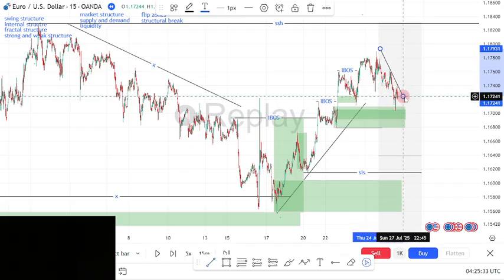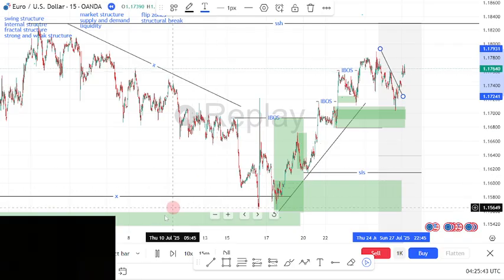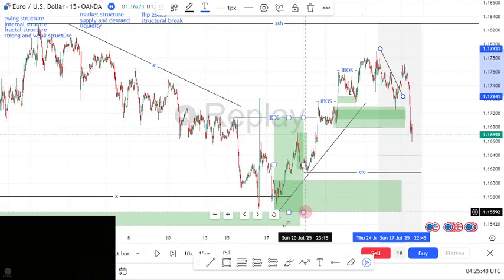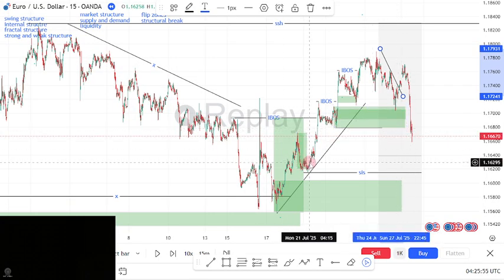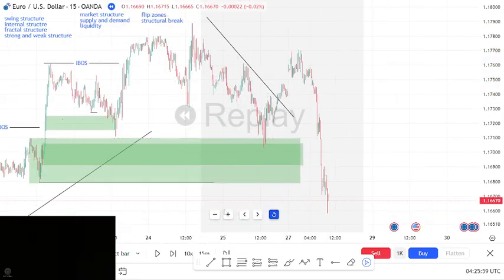Price to use them as fuel to move to the upside if we are going to move to the upside. So we can see what is happening. Price used this, we swept liquidity, and now all of this liquidity has been swept to the downside. But you can see the framework is there.